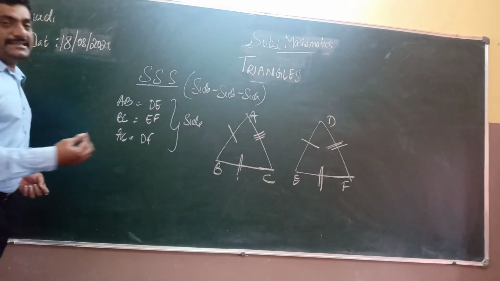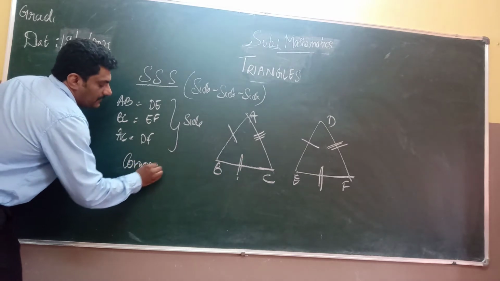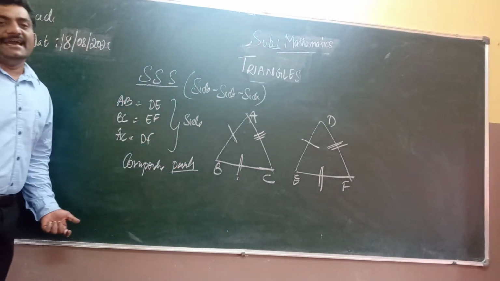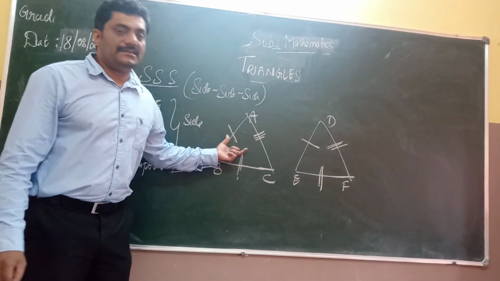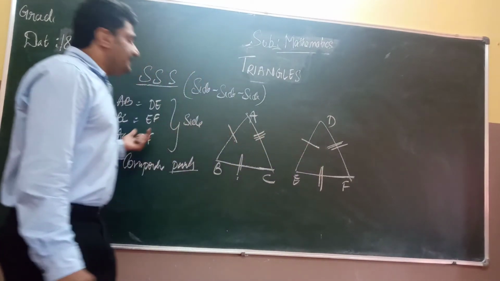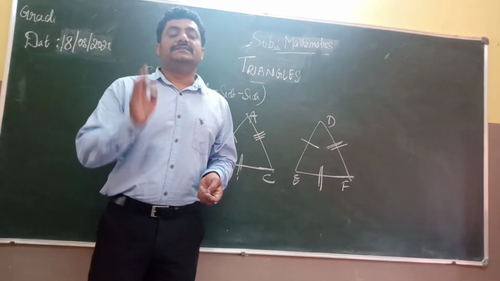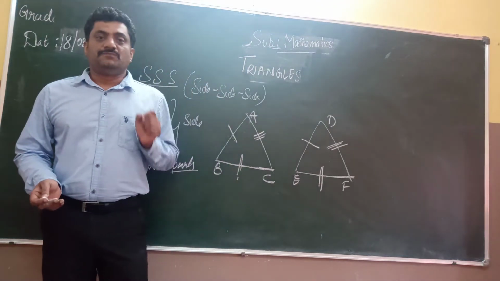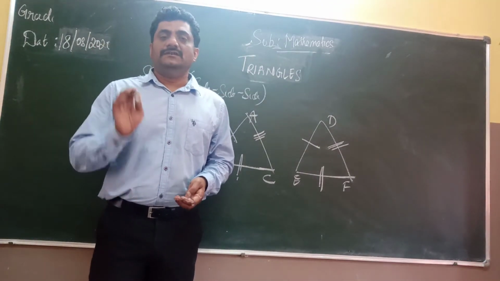Now in this, what are the corresponding parts? Corresponding parts are nothing but only the angles. So the moment when you say all the sides of one triangle are equal to all the sides of the other triangle, then it is said to be a congruent. The moment it is a congruent, the corresponding parts will also be equal. When I tell corresponding parts, it can be either sides or angles.